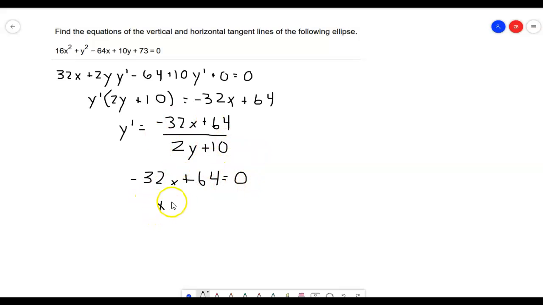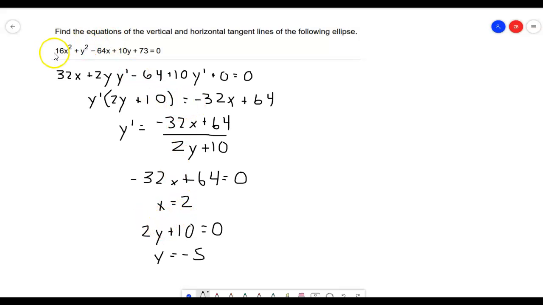And so x is equal to, what is that going to be? That's x is equal to 2, right? And with the bottom, we set that equal to 0. 2y plus 10 is equal to 0. We'll get that y is equal to -5, right?